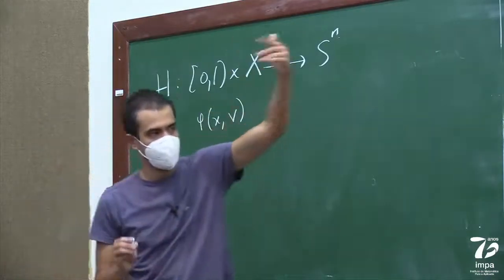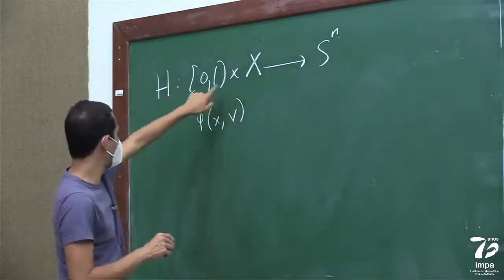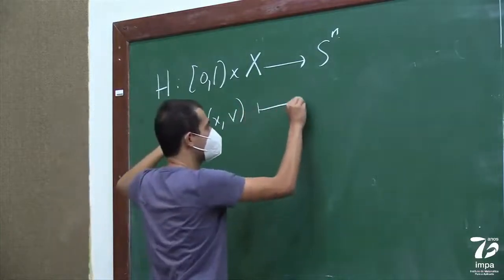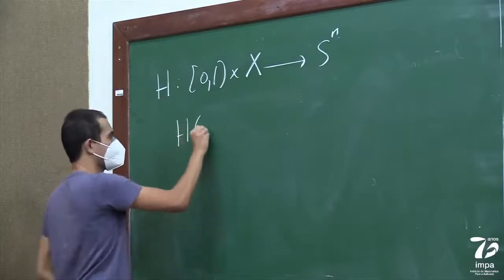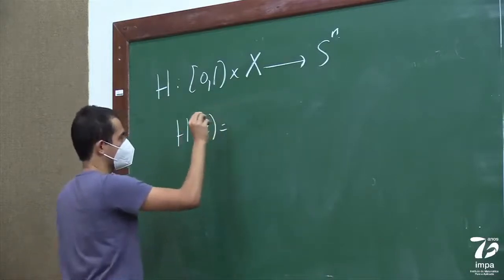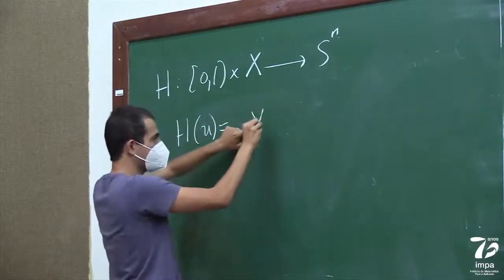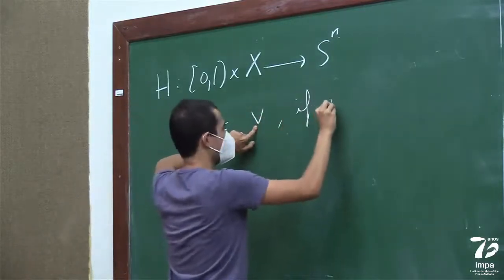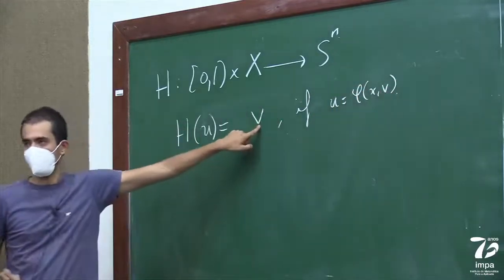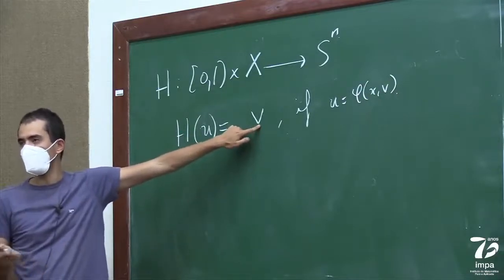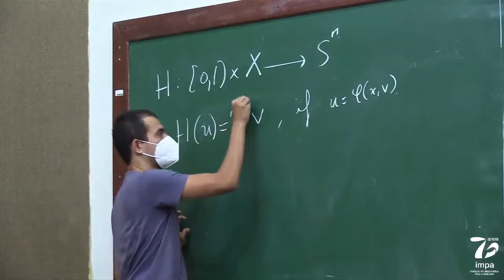But then I look at the stereographic projection, that's going to give me a point in Sn. So h of u should be v if u is phi of x, v. But v is a point in Rn, so I'm going to use the stereographic projection to map it to Sn: psi inverse of v.